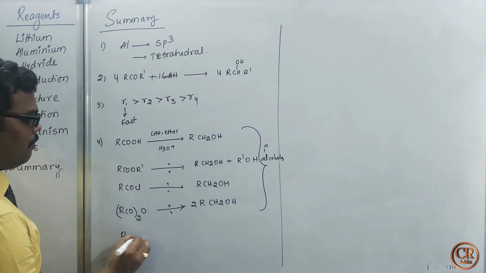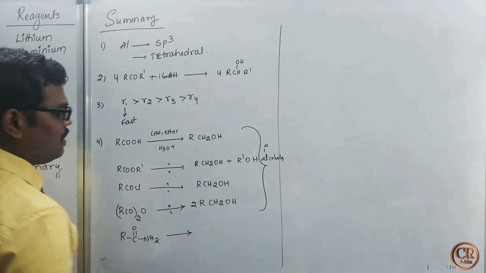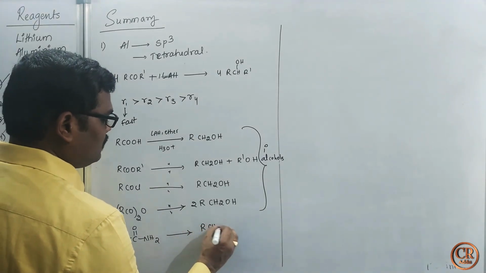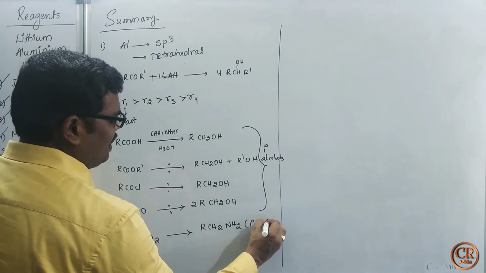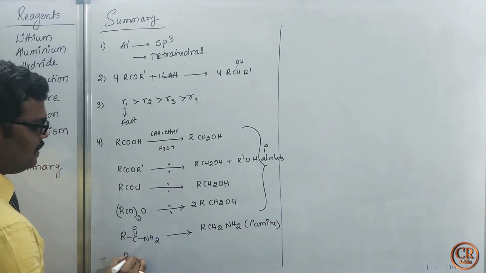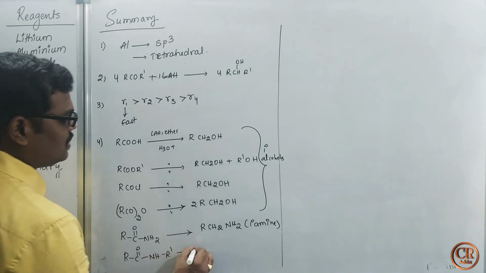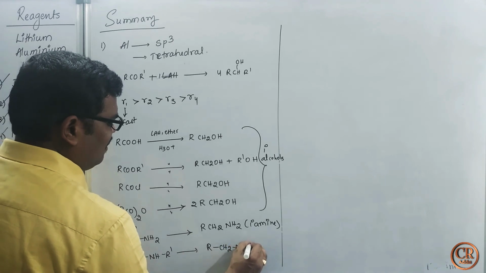Then next, if you take an amide, RCONH2, it is an unsubstituted amide. Unsubstituted amide gives a primary amine. Now if you take a substituted amide, RCONHR', it gives RCH2NHR'.